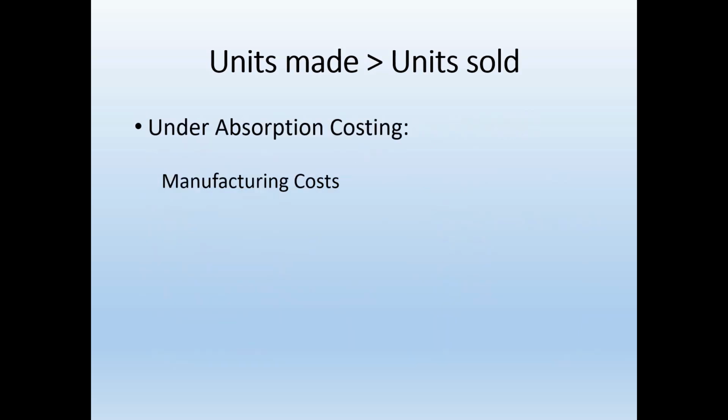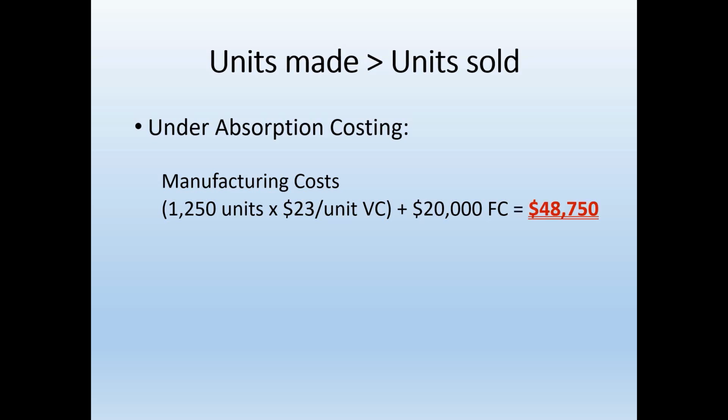Under absorption costing, the manufacturing costs will include the $23 of variable manufacturing costs times the 1,250 units that were made, plus the $20,000 of fixed manufacturing overhead. So we can determine the total manufacturing cost.